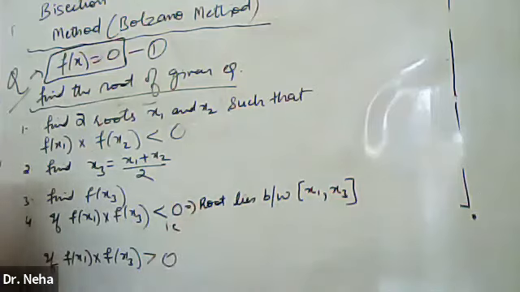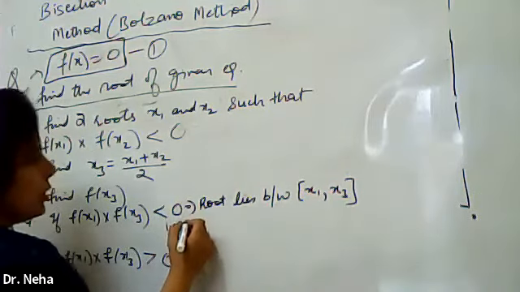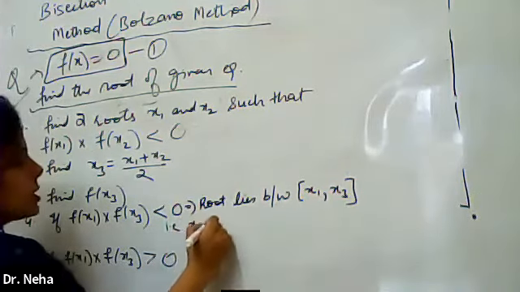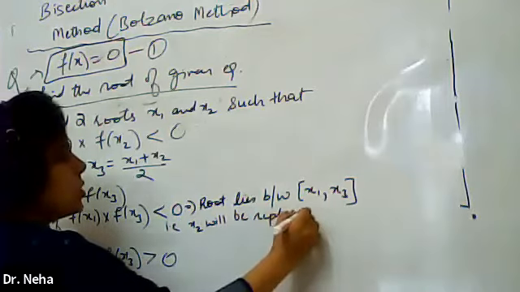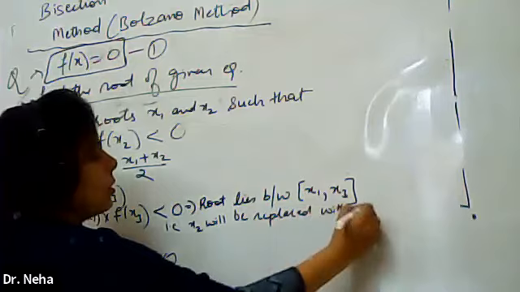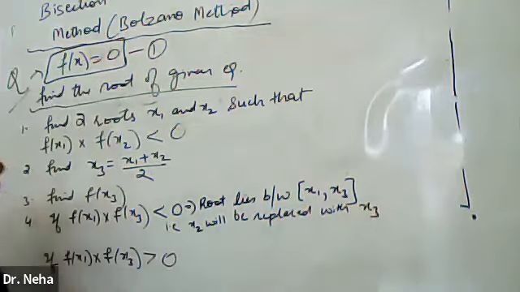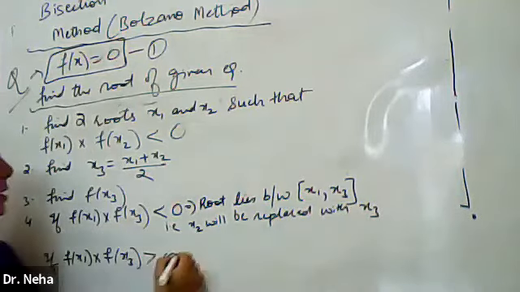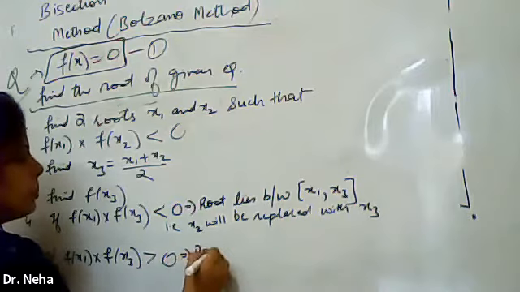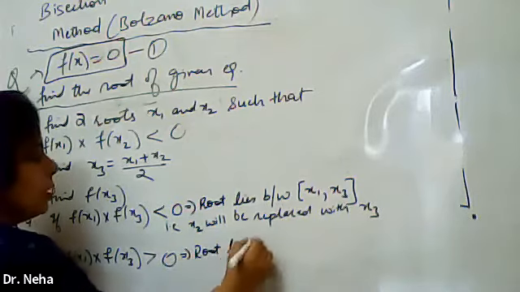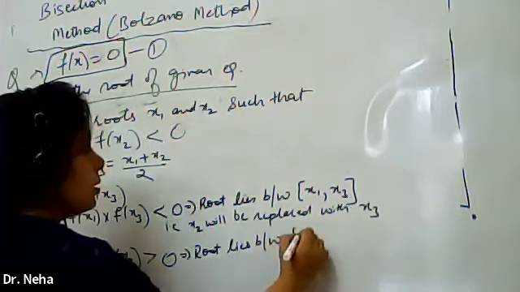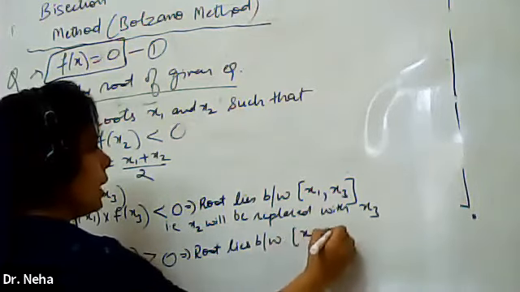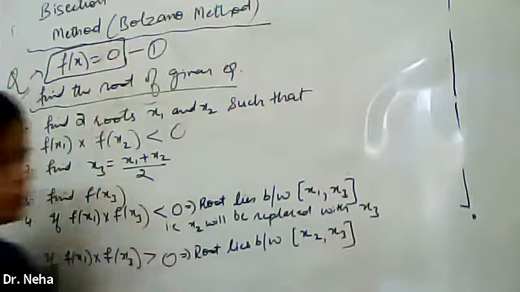First, we write down the wording as it is. I will clear it later on. That is, x2 will be replaced with x3. And if fx1 into fx3 is greater than 0, this implies root lies between x2 and x3.